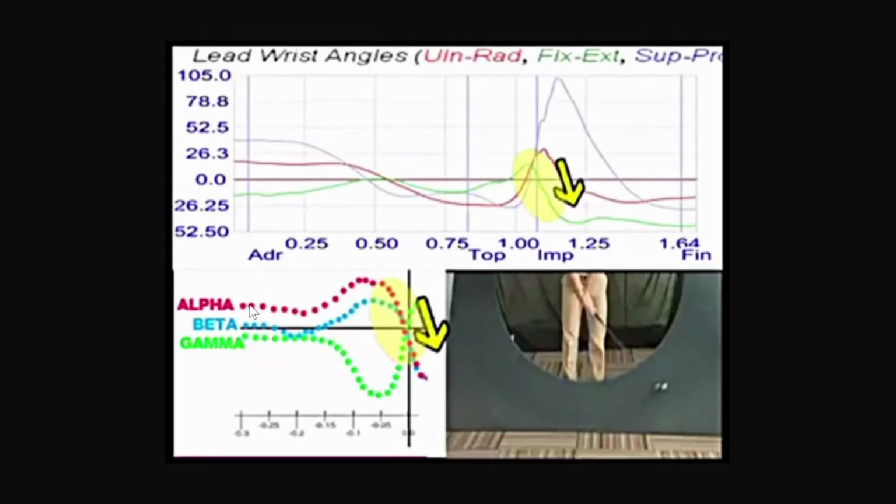Now, you'll notice there are three graphs here called alpha, beta, and gamma. Alpha refers to a torque being applied to the club shaft in the plane of the swing plane.